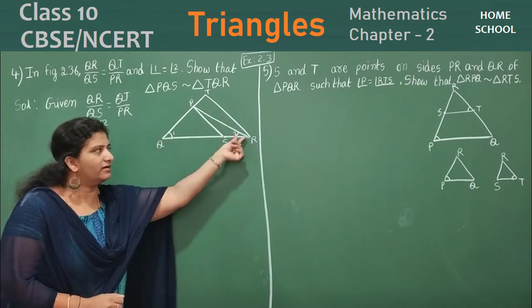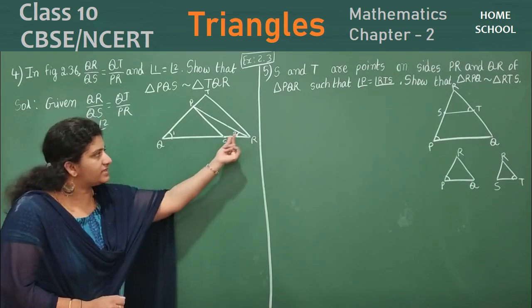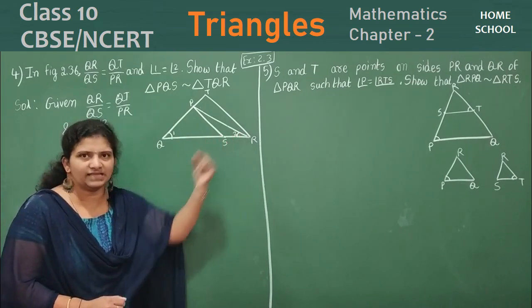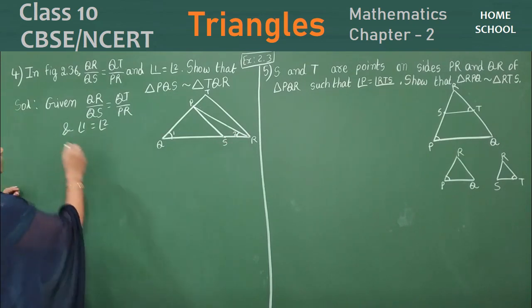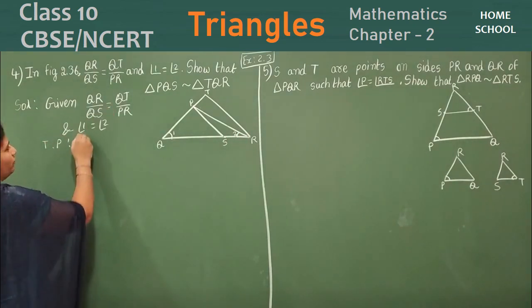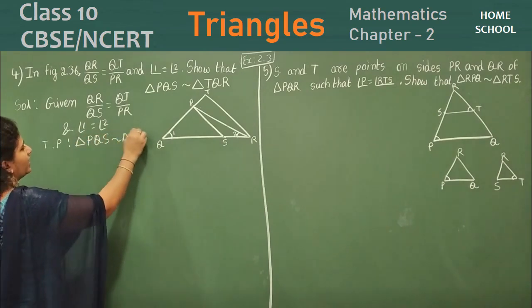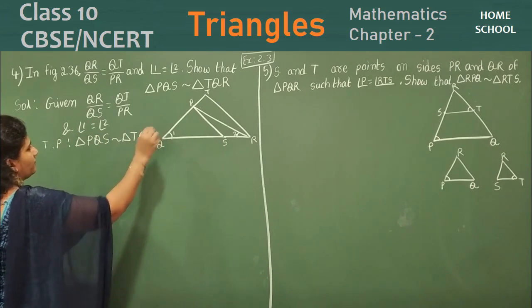Angle 1 and here angle 2. It's not complete angle R. Okay, see this angle is a part of this angle. So now what we need to prove? We need to prove triangle PQS is similar to triangle TQR.